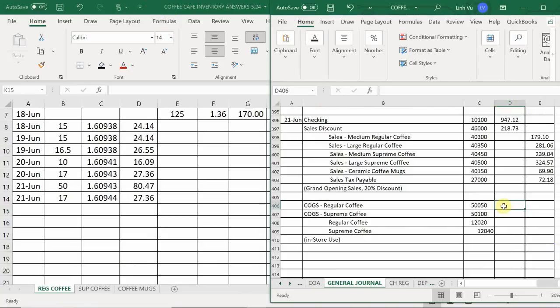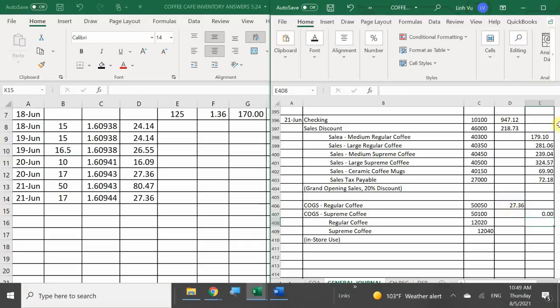So once again, the cost of goods sold for my regular coffee is, oops, wrong column.